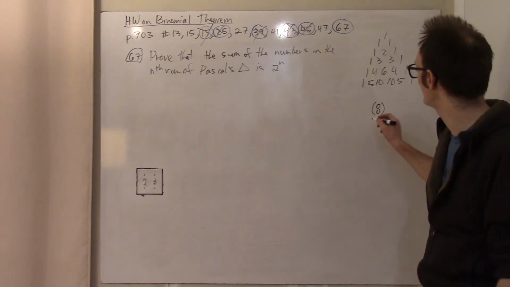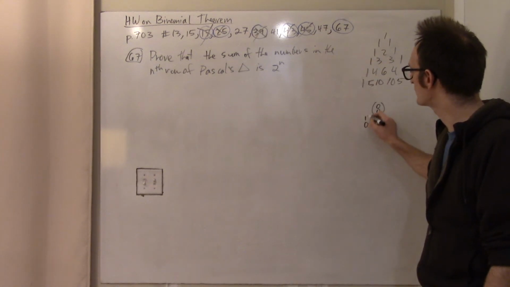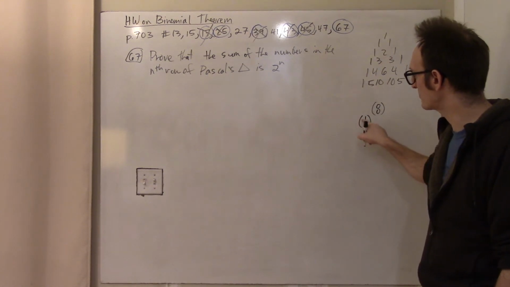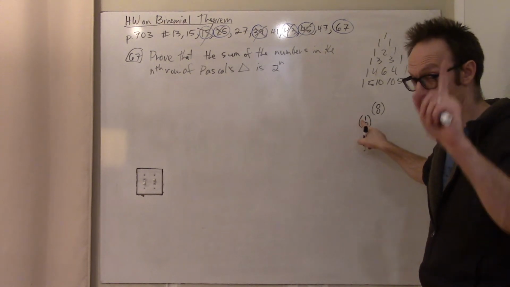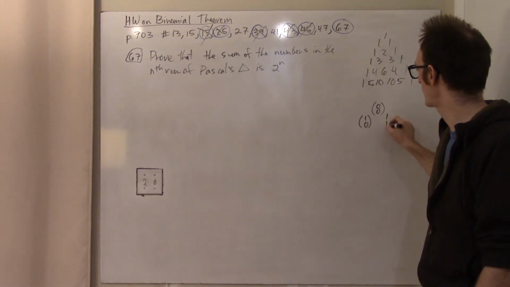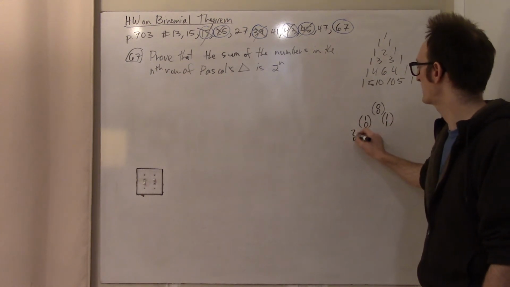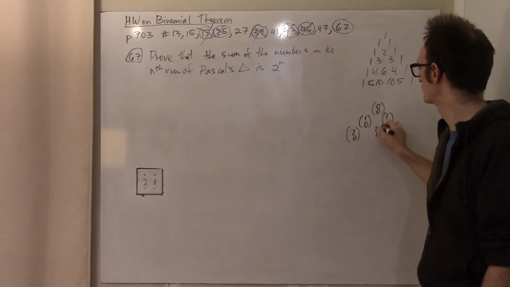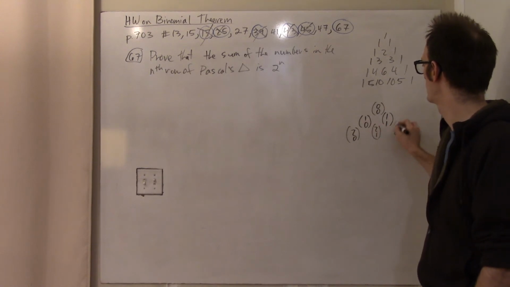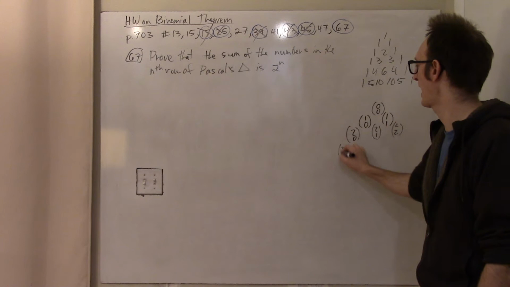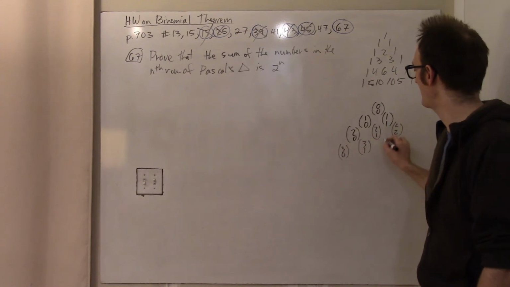There's one way to do that. How many ways are there to choose no objects from a set of 1 object? There's one way to choose no objects, and there's one way to choose 1 object. I'll just keep writing this: 2 choose 0, 2 choose 1, 2 choose 2, etc. 3 choose 0. So this is like the real Pascal's triangle.